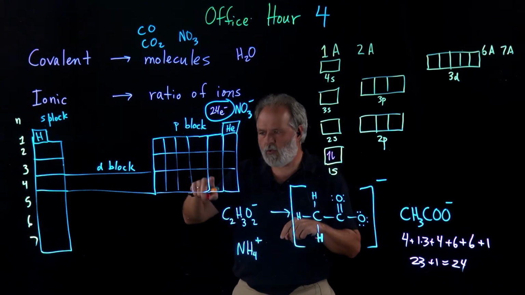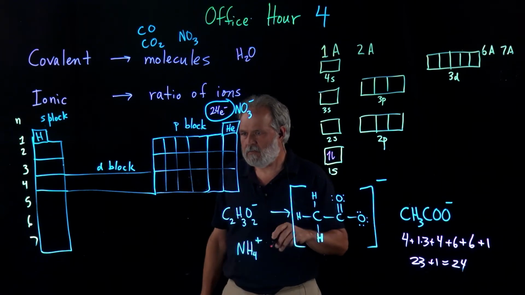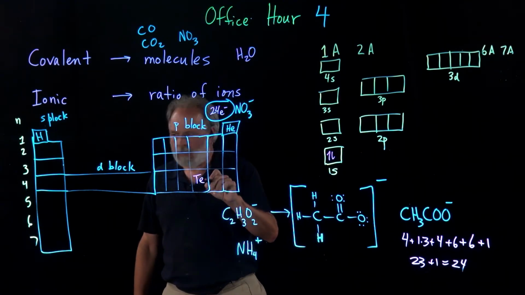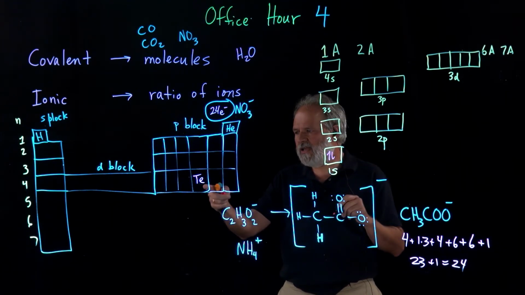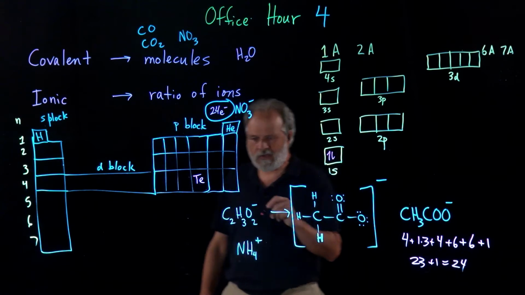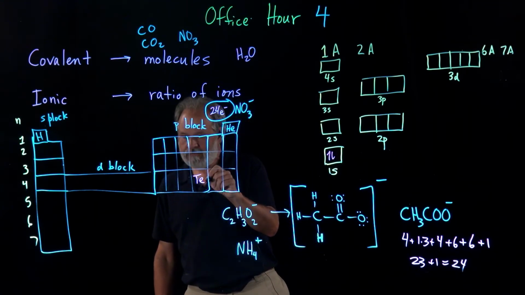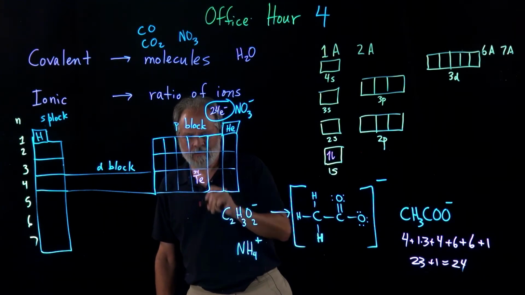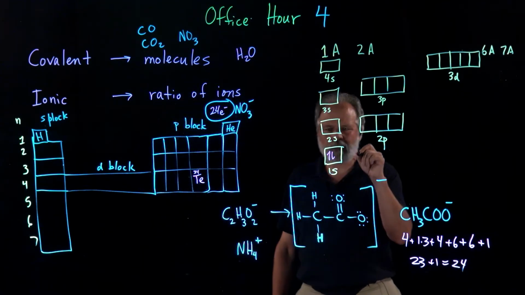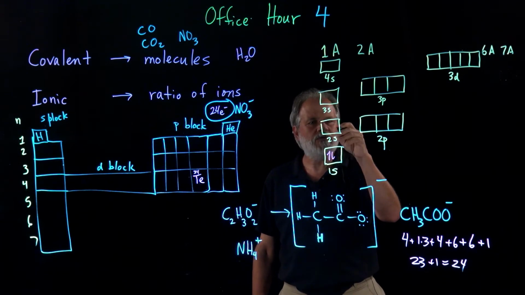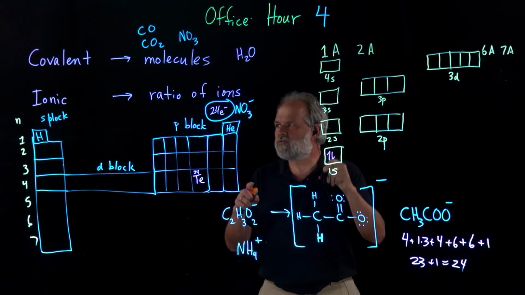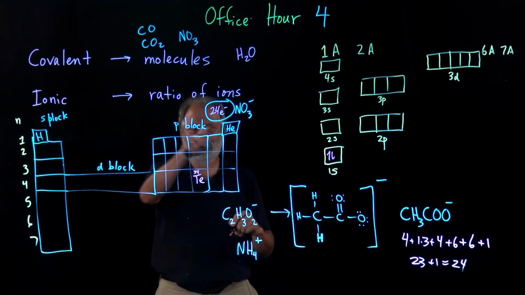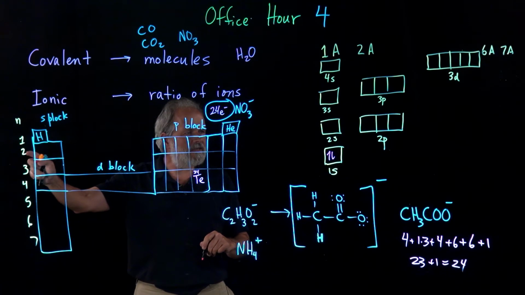So let's say we're trying to go way over here in the periodic table, like tellurium. I've only used 2 electrons. Tellurium's got a boatload. I don't even know, 34? Guessing. Pretty sure it's 34. Now we go to the next row.